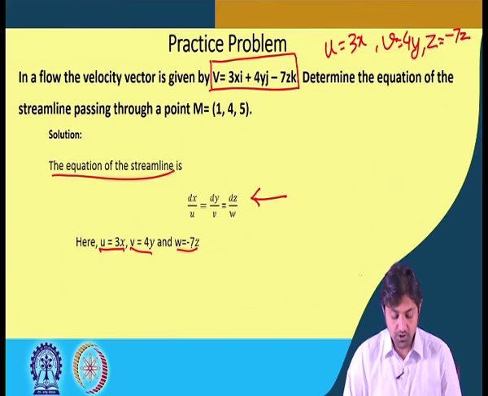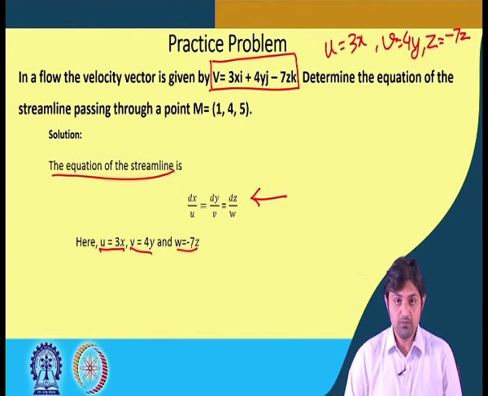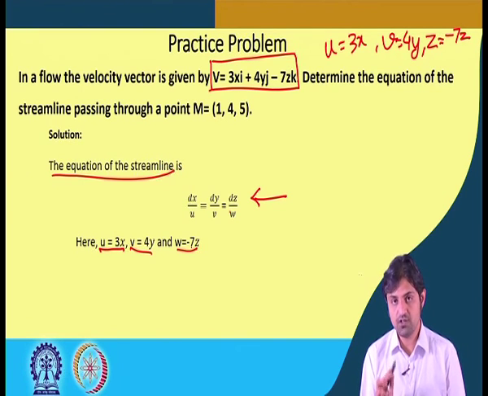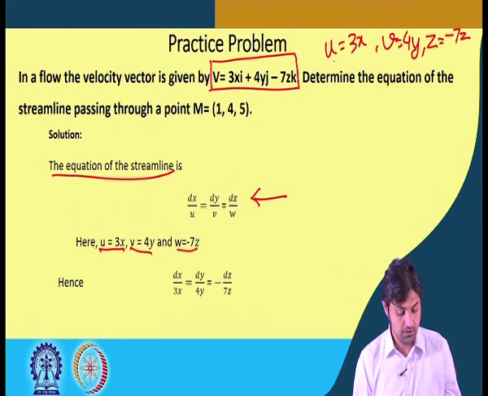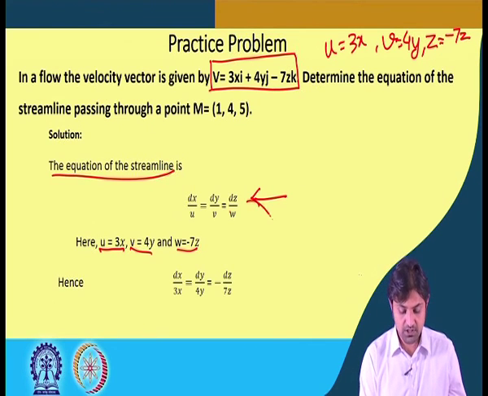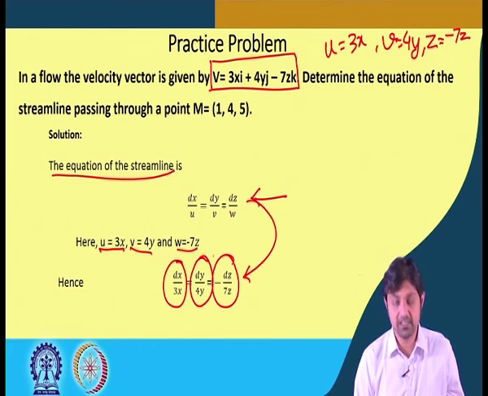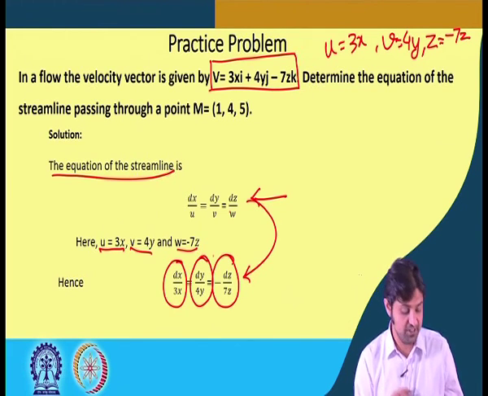It's very important that we write these components down first, whatever we know, when we start solving a problem. So this equation can be written as dx by 3x is equal to dy by 4y is equal to dz by minus 7z, because the z component was minus 7z.